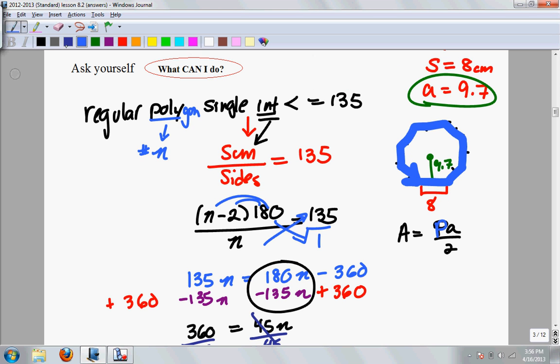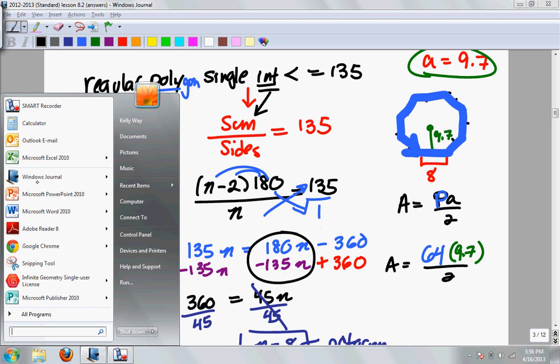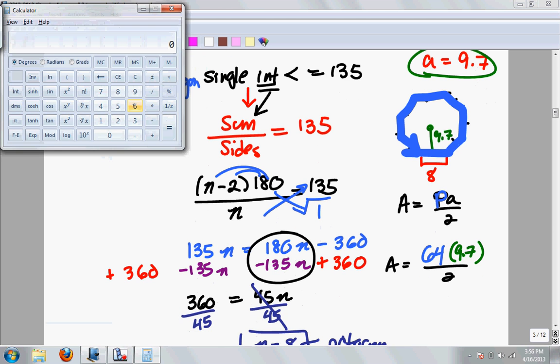8 times 8 is 64. Our apothem is 9.7 over 2. That's our area. So last but not least, we have 64 here. 64 times 9.7 divided by 2, and we get 310.4.